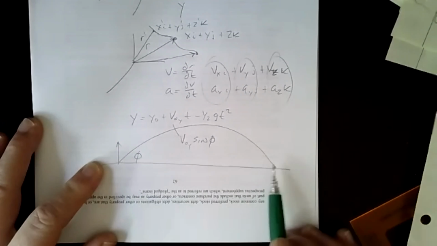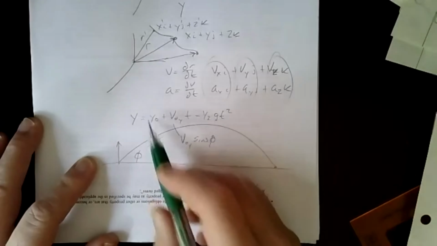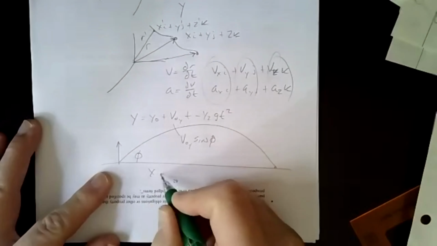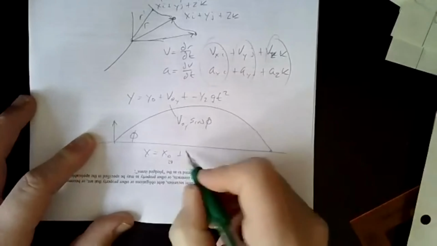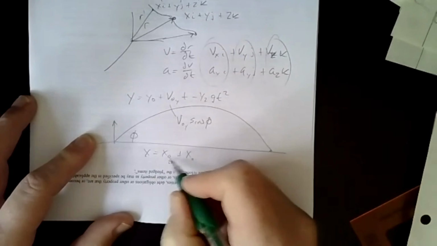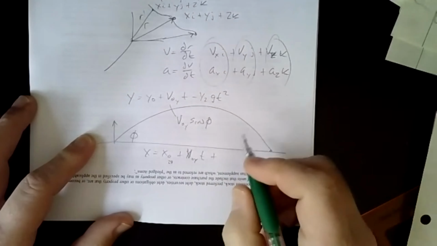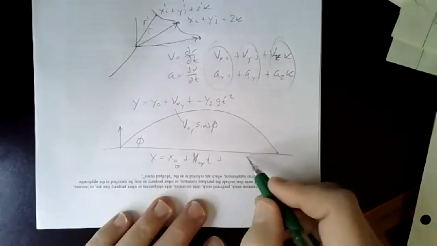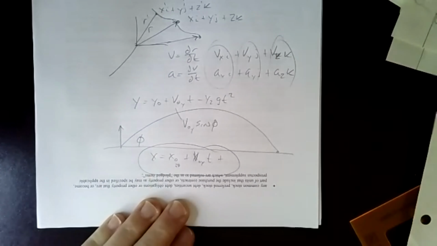And if you know the time, then you can relate that back to the same equation in the x. So x is going to equal x naught plus v naught in the x times t, plus, and then usually there's nothing here because in projectile motion we don't have an acceleration in the x. So we just limit it to this equation.